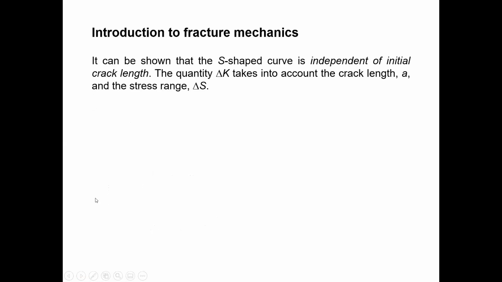So the S curve is independent of the initial crack length, that is a naught, not the crack length. The quantity delta K takes into account the crack length and the stress range. So we are going to derive the equation for that delta K now. Delta K is a function of crack length and stress range.